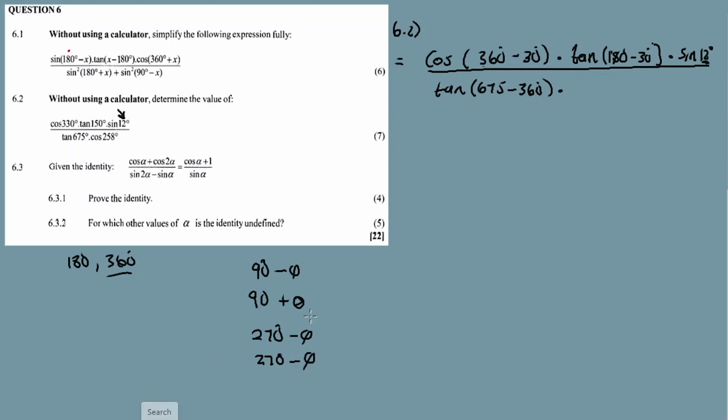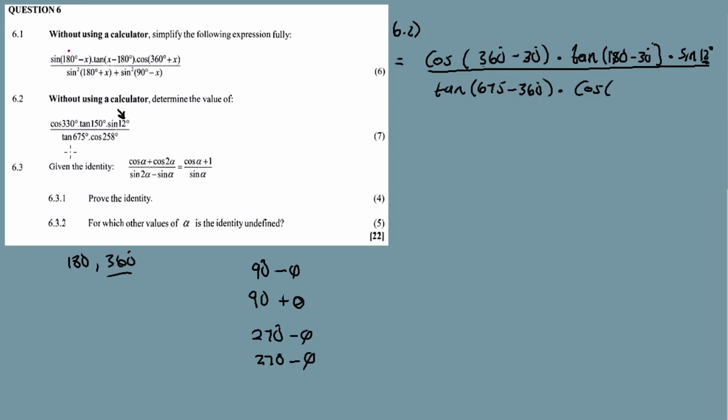Cos 257, you can go this way with 90 degrees. You do it like so, cos, but first, slow down.